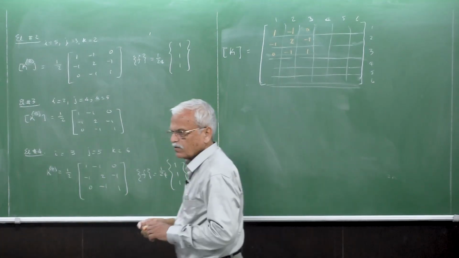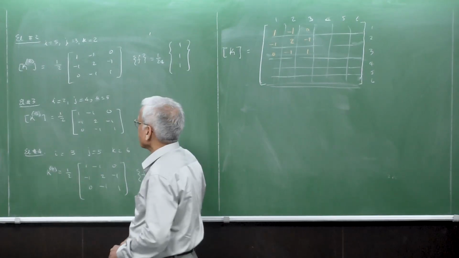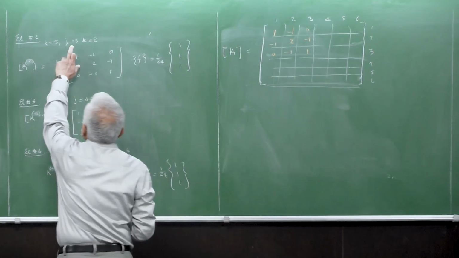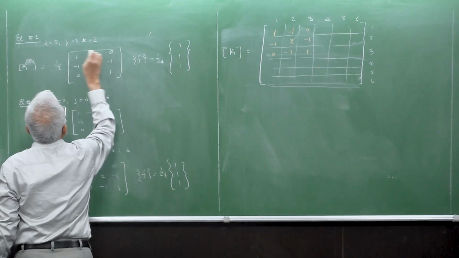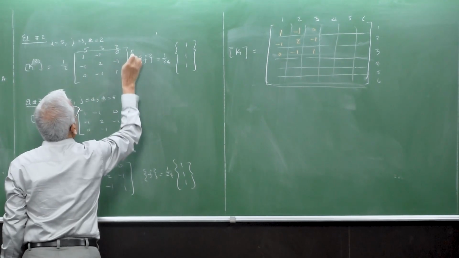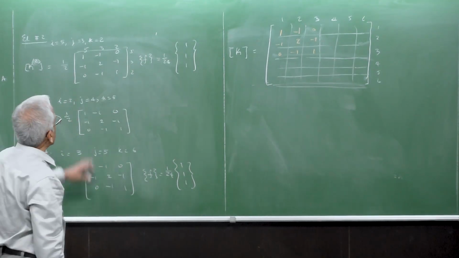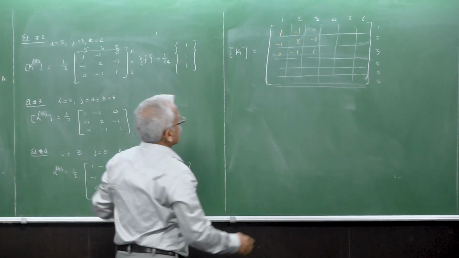Okay, so this is for the first element, and then we can do it for the second element. The second element has nodes 5, 3, 2. So this one will go to 5, 5.